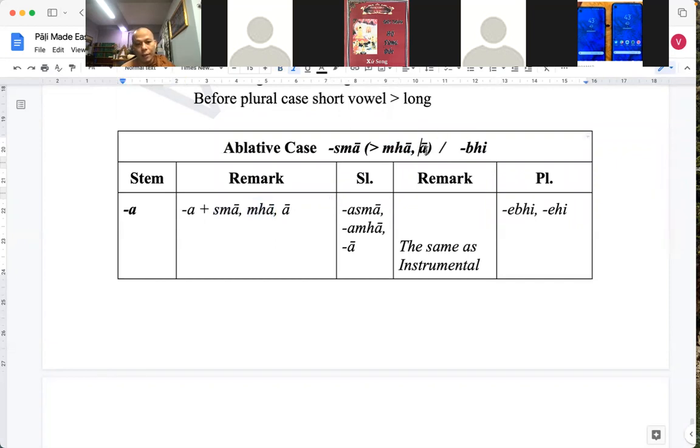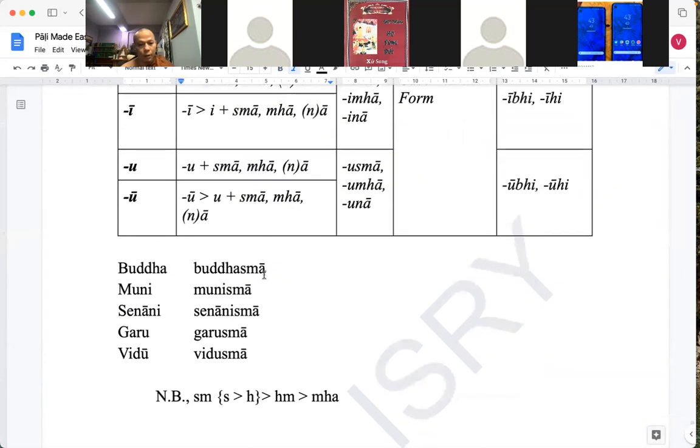And the last one is the contracted form, maybe from sama or from ma. The preceding letters are silent, and only R remains. Only R remains. So that is the contracted form. So Bodha sama, and Bodha ma, and Bodha contracted, in this way.